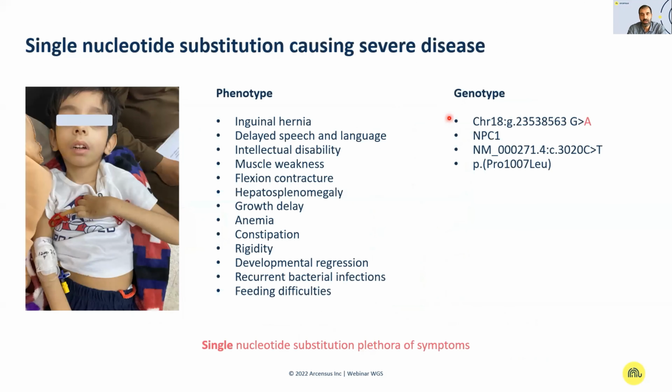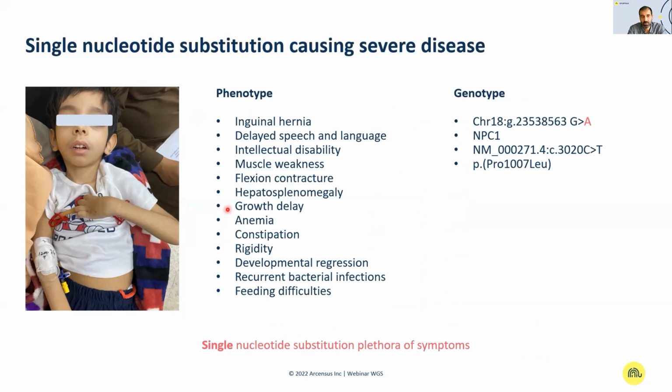To give you an example of how a single nucleotide difference can explain a very severe disease, as is the case here, we have this small boy with many severe symptoms, depicted all over here.